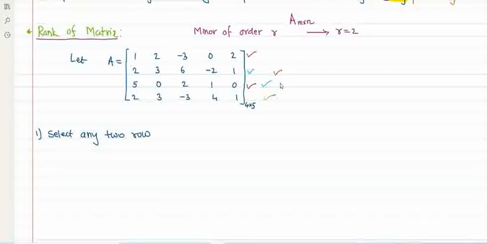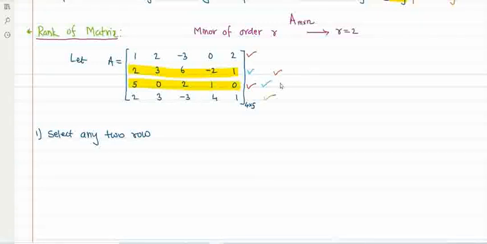I will write only one combination. Suppose I am selecting the second and third rows. Again, it is not compulsory to select only the second and third; you may select the first and second. The choice is left to you, but you have to select any 2 rows.